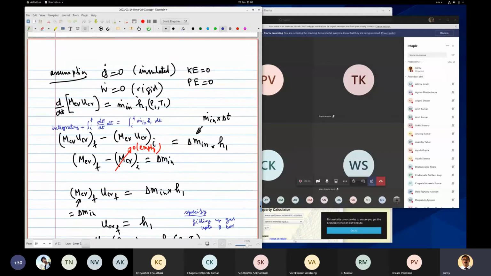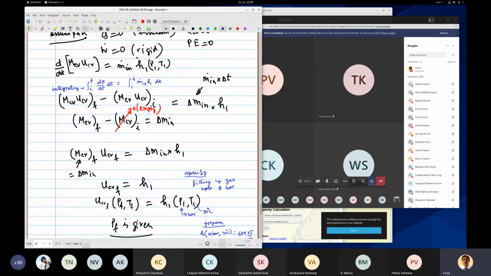So if we say this is delta M in, the mass coming in, and this is the change in mass inside. So if you do all that, this is equal to delta M in, the mass coming in.